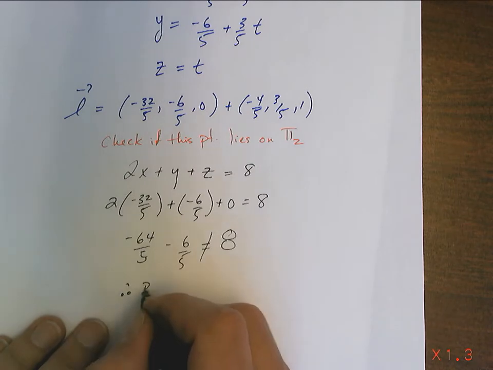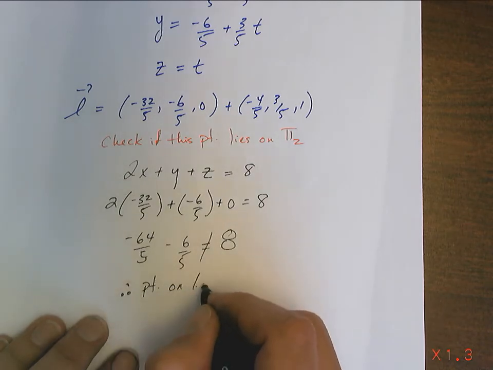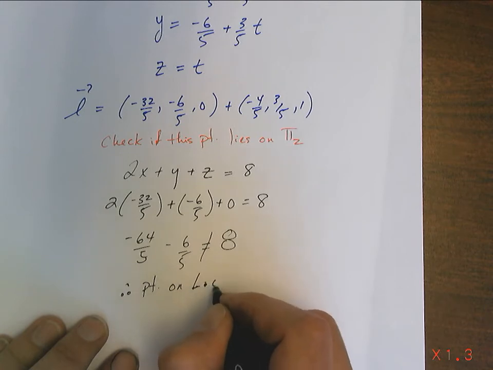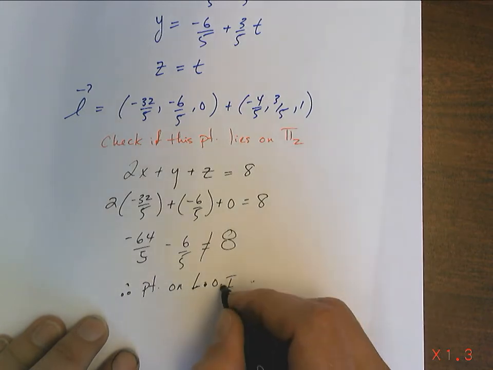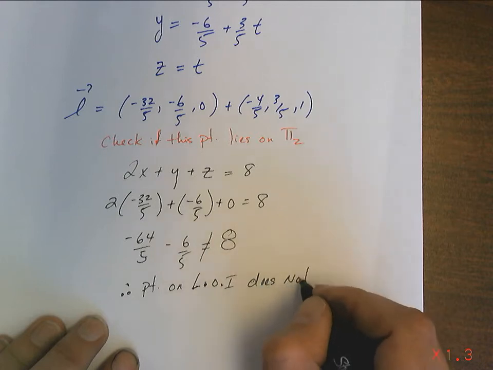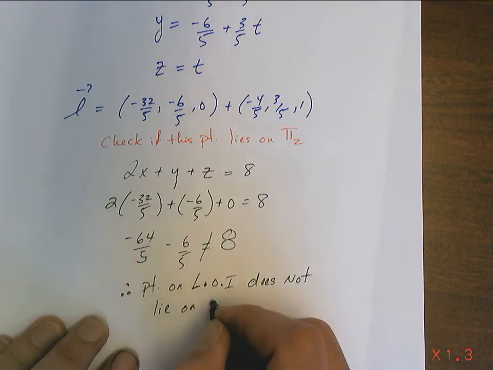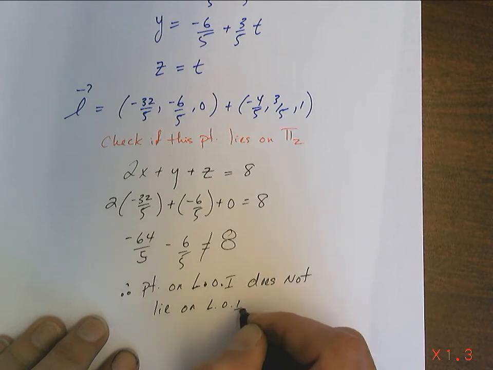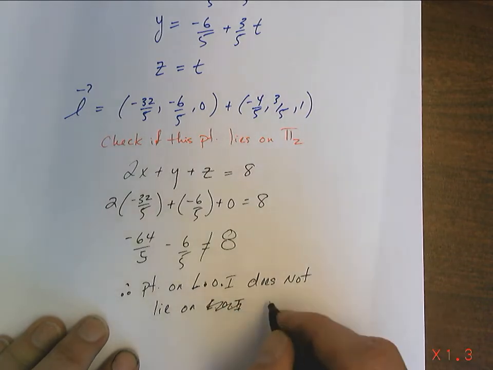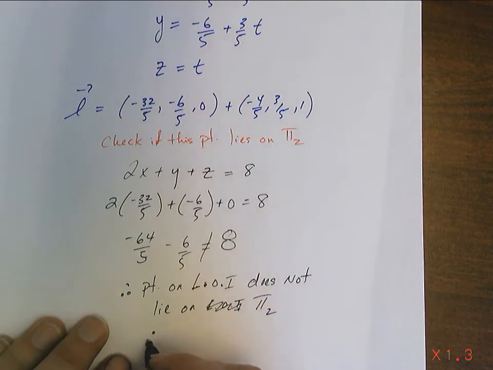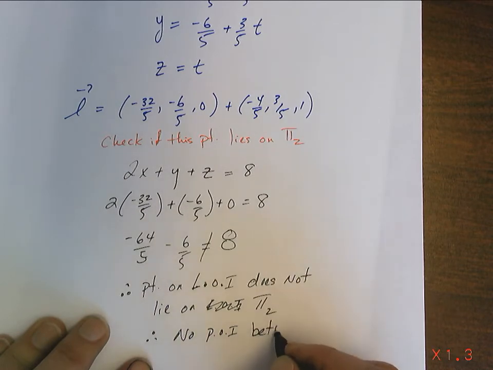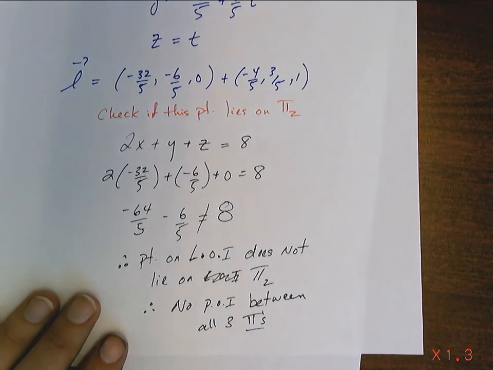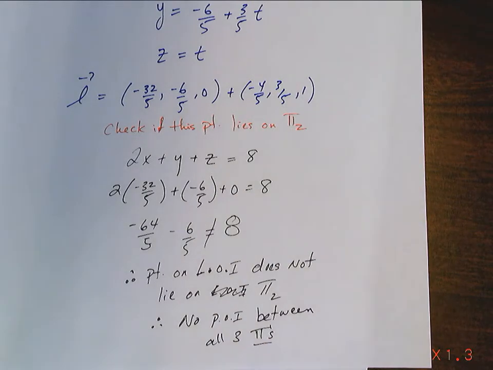Therefore, the point on the line of intersection does not lie on plane 2. Therefore, there are no points of intersection between all 3 planes. Looking out to my audience, does that make sense?